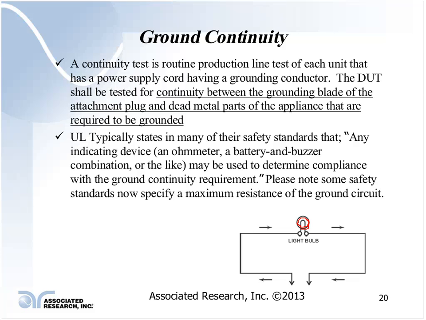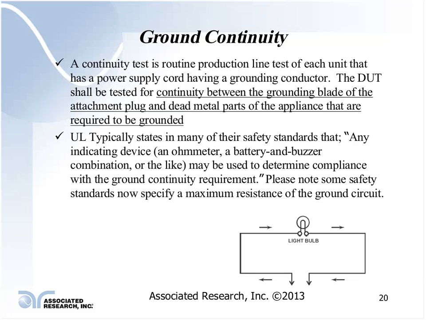I did some testing on some of these pen light type things, and I found out that it's normally somewhere around 8 ohms of resistance and the light will no longer light. Is that a good ground? Unfortunately, most of your standards do not specify that. Some standards are now specifying a maximum resistance of your ground continuity circuit.